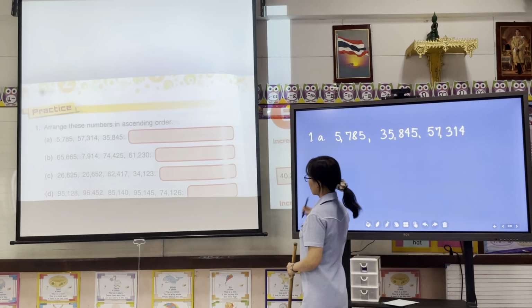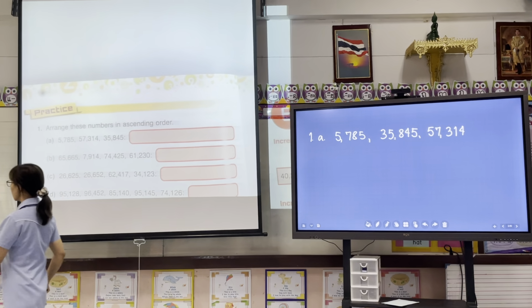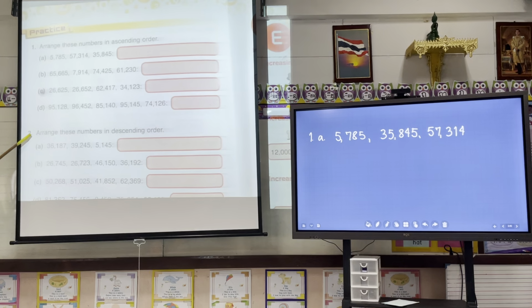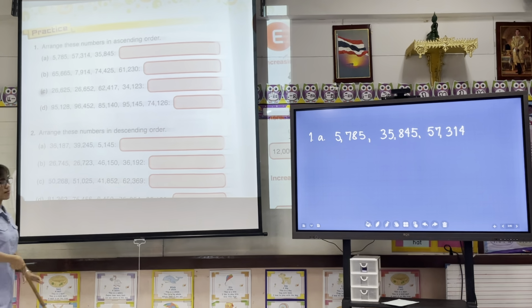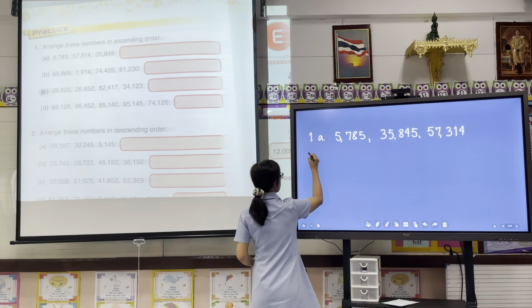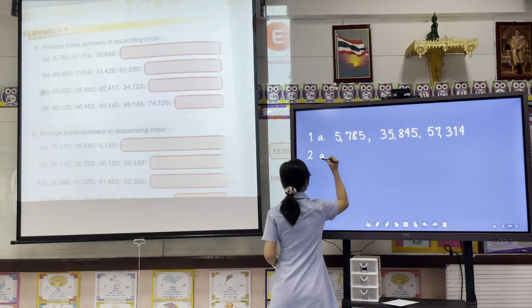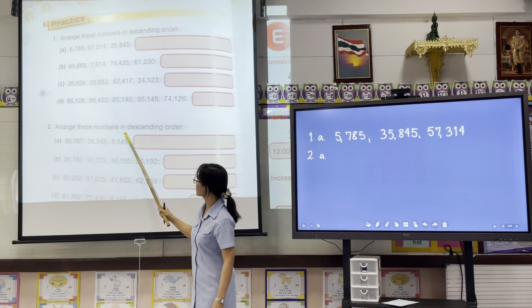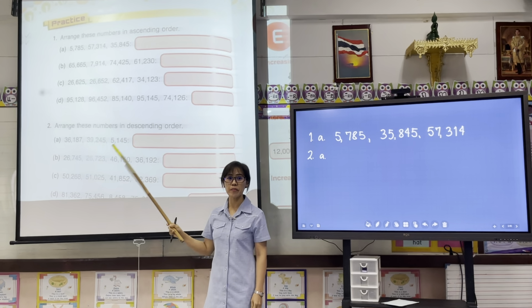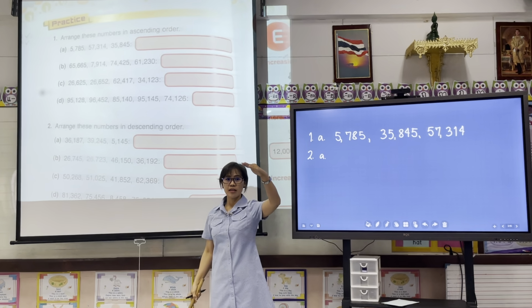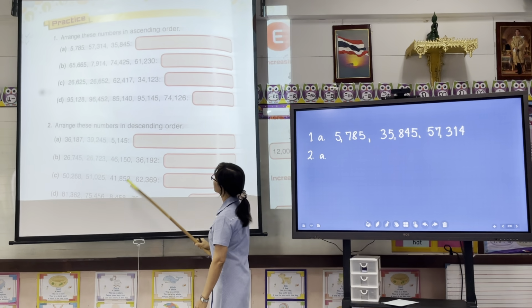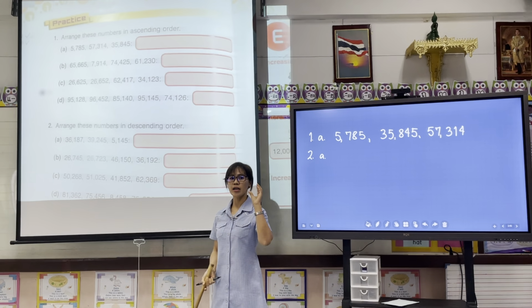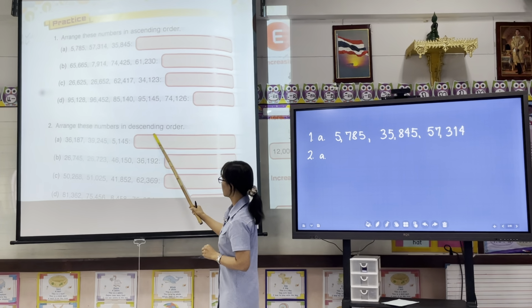Okay? Alright. Let's take one example of descending. Here. Number 2, letter A. Arrange these numbers in descending order. Remember, descending, going down. Okay? So we start with the greatest number to the smallest number, descending.